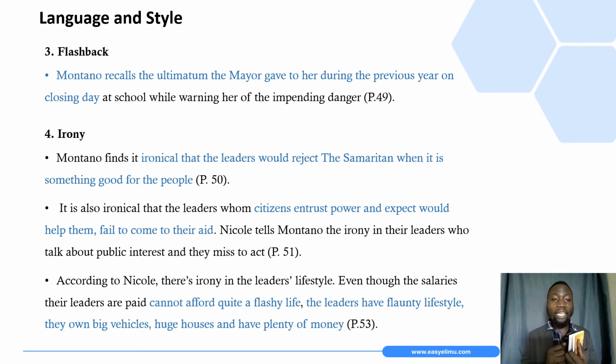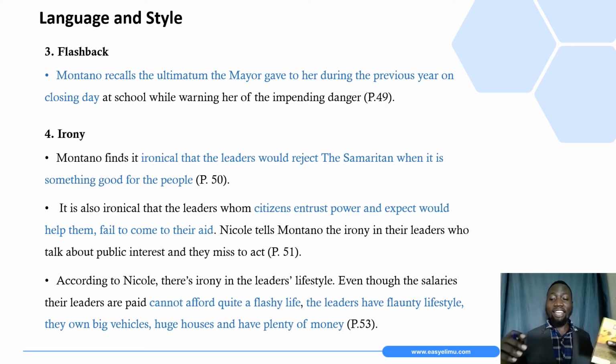And that is why Mayor Mosi uses his personal and private interests to lead the people of Maracas municipality. So again, Nicole finds irony in the life of the leaders. That is when she compares their lifestyle with the amount of money they are earning, their salaries.